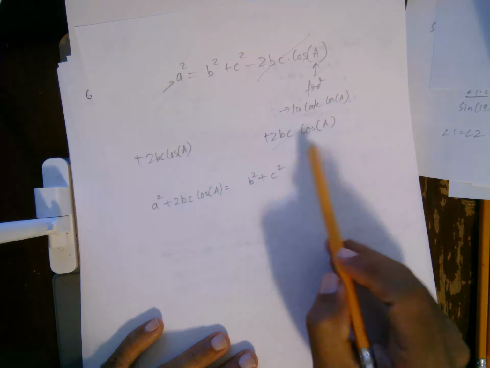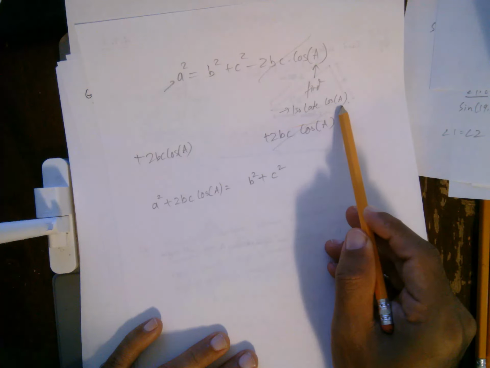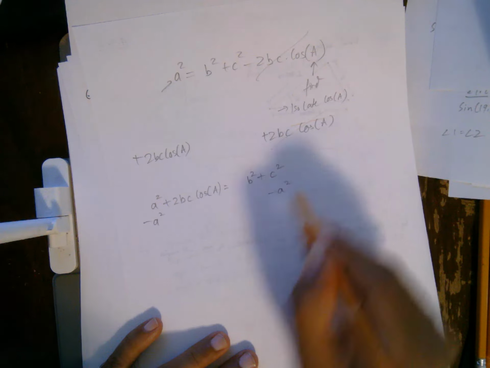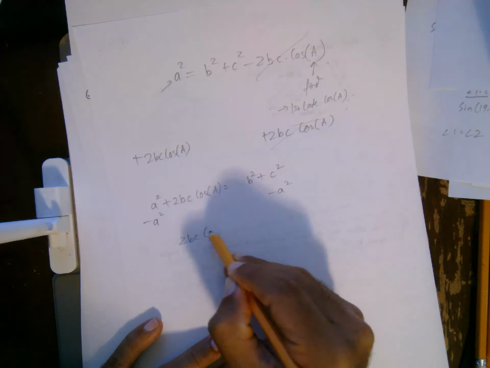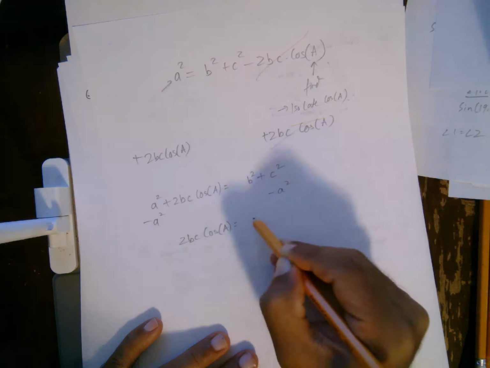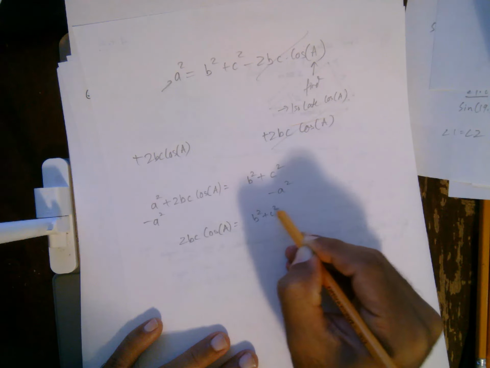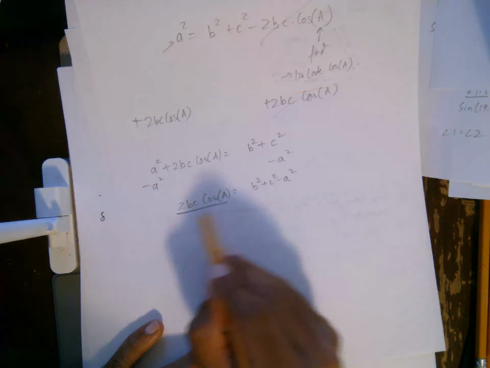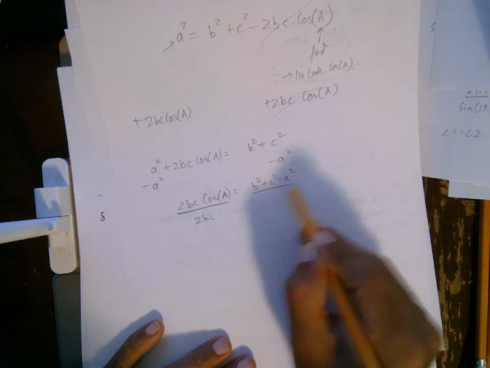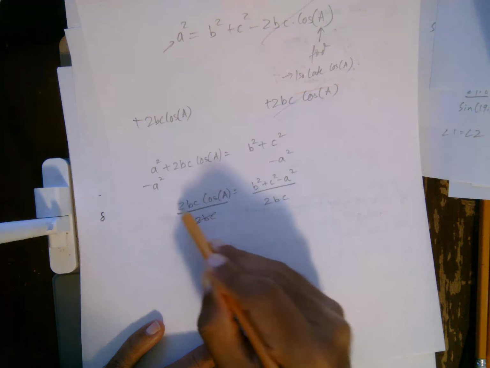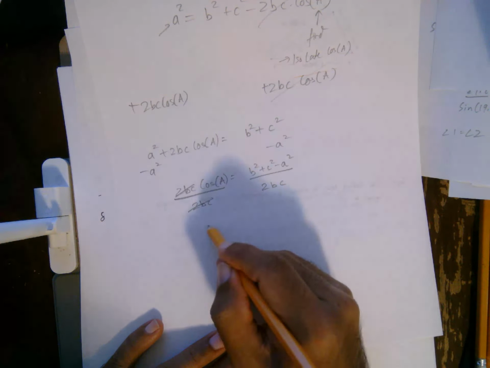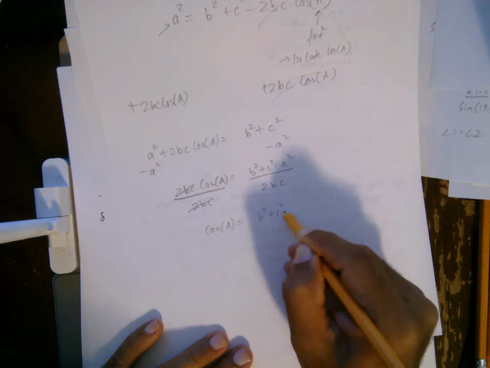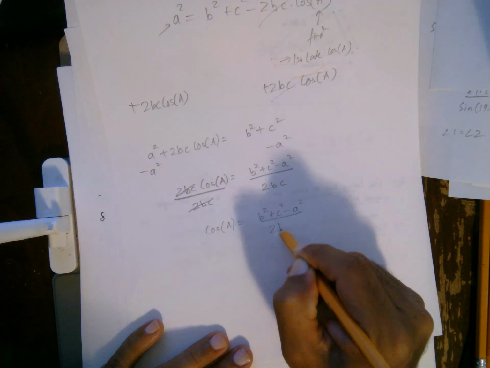Again, keep in mind I'm trying to isolate cosine A. So I get rid of this a squared. Now I have 2bc cosine A equals b squared plus c squared minus a squared. Finally, I need to get rid of the 2bc, which I can do by dividing. So I get cosine A equals (b squared plus c squared minus a squared) over 2bc.